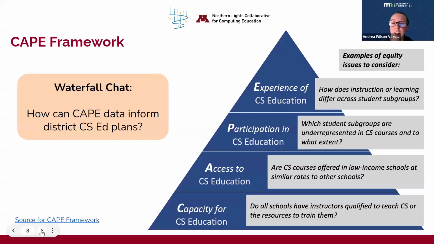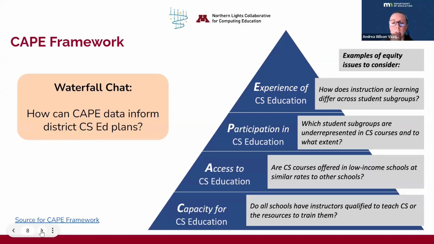One additional lens, or one way that those of us on the computer science working group really looked at the data as we were considering how to slice it up and how to really think about where gaps and opportunities might reside, was using this CAPE framework. This is a tool for evaluating the equity within computer science education ecosystems.